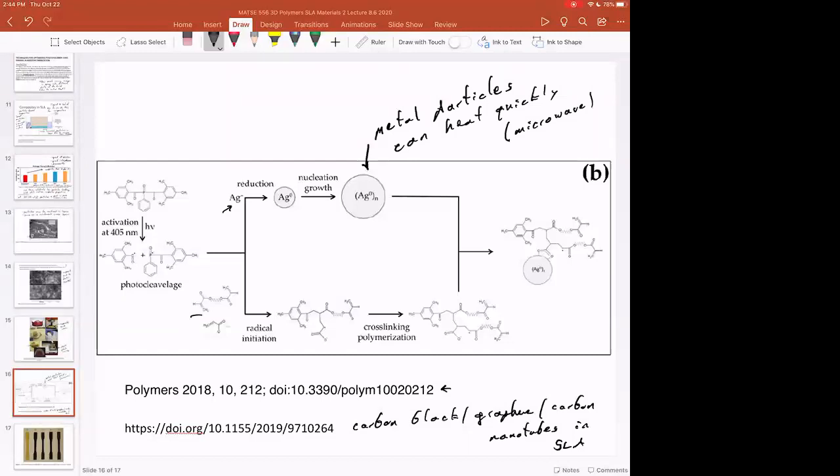And so you get your polymer network through one radical pathway, and you get your nanoparticle growth through a second pathway that are both responsive to this photocleavage of this initiator. So we're using 405 nanometer light. That's exactly what the Formlabs printer uses, and that's what they use in this paper if you read the experimental procedure. And so this is our photo initiator.